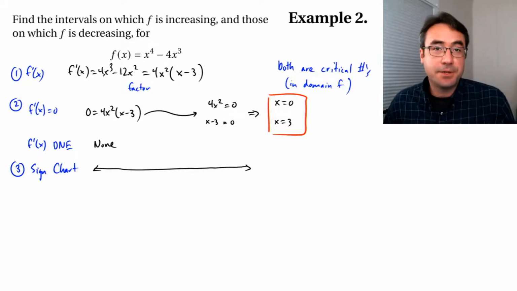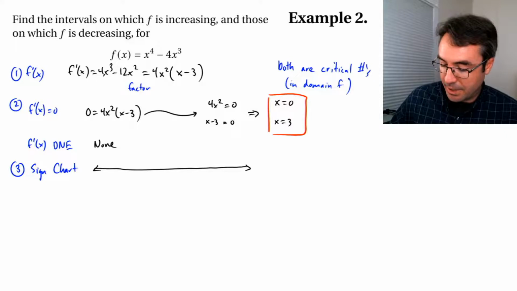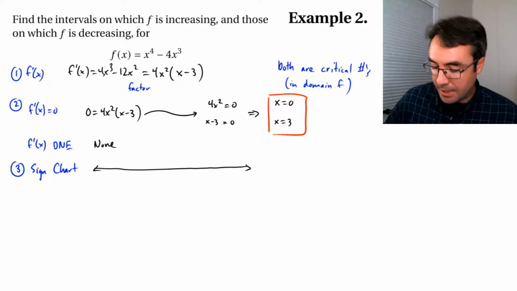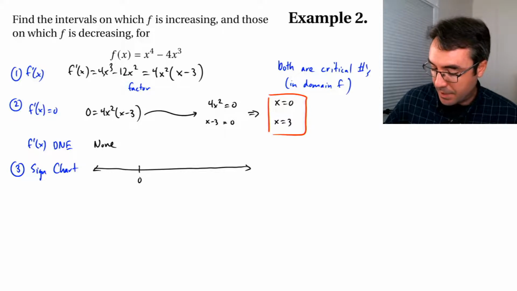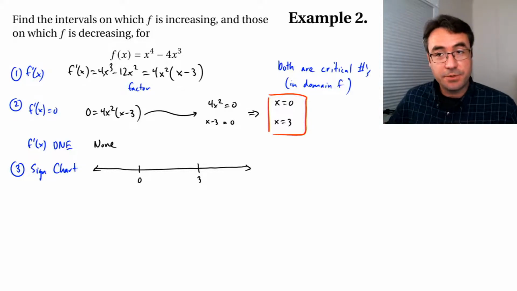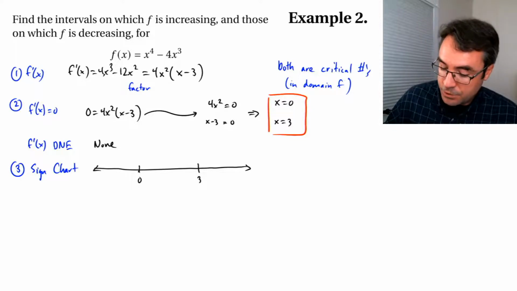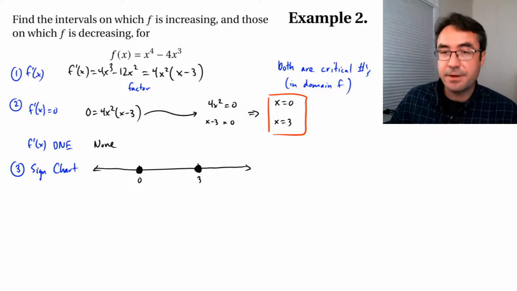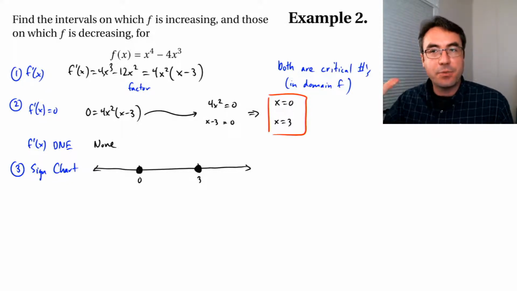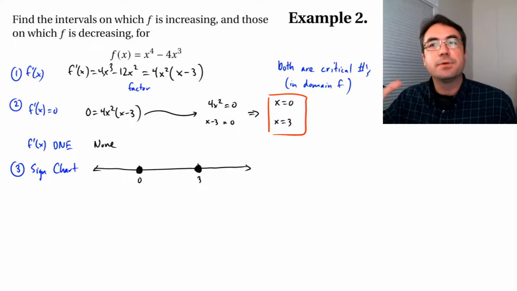All right, so let's plot 0 and 3 on our number line here. So this is just the x-axis. And let's plot 0, and we'll plot 3. And then because those are critical numbers, they're in the domain of our function, we'll indicate that by filling in some dots there, just to remind us that those are actually critical numbers. That'll be important later on.